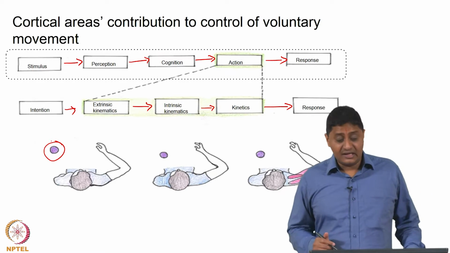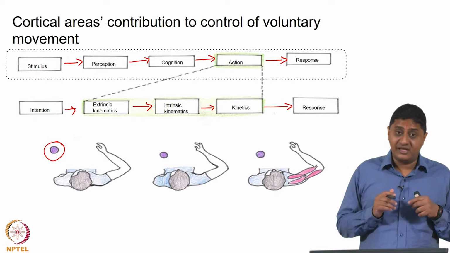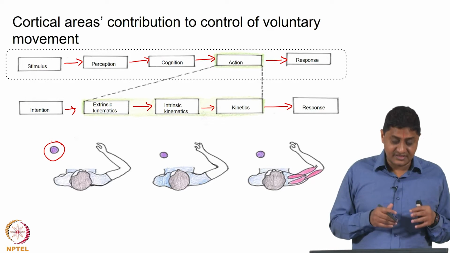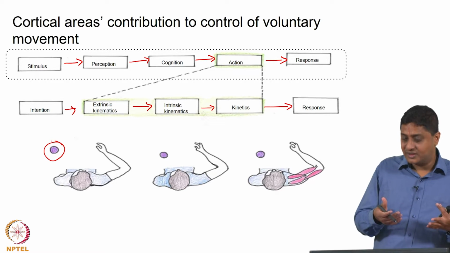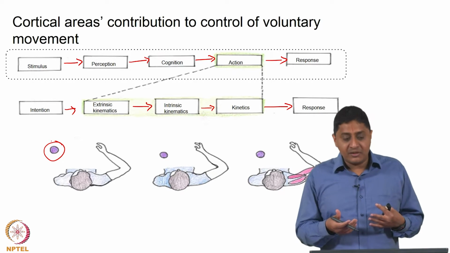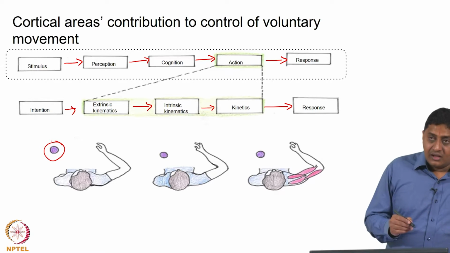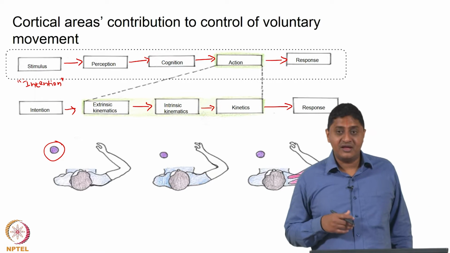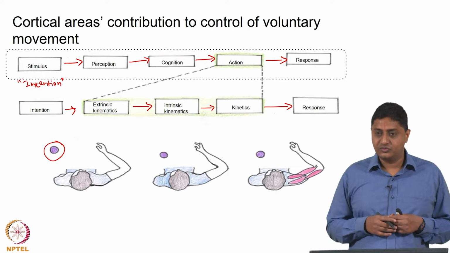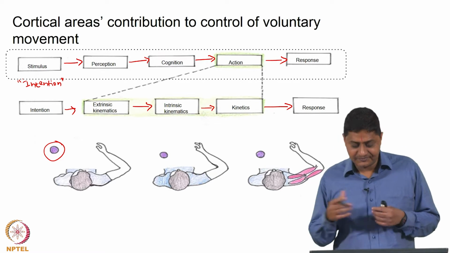By the way, there need not be a stimulus for making a movement. This is an object that I have to pick up, so that means there is a stimulus, right. But there can be no stimulus, yet some intention to perform a movement. So, I may have an intention to take a walk or not, as the case may be.